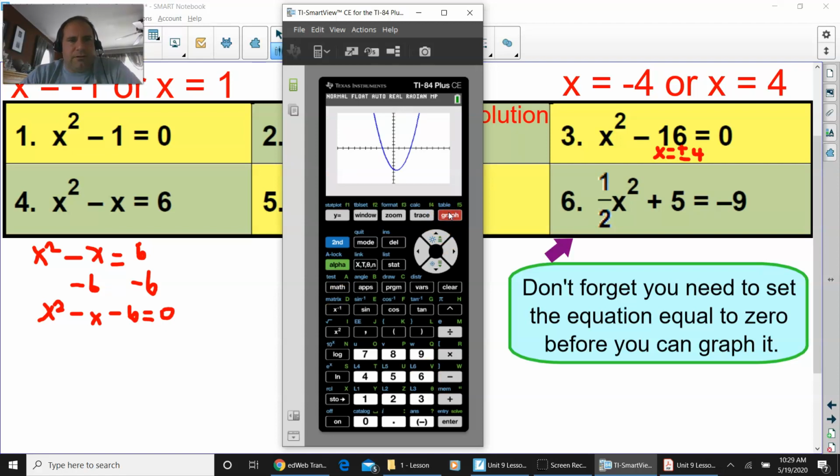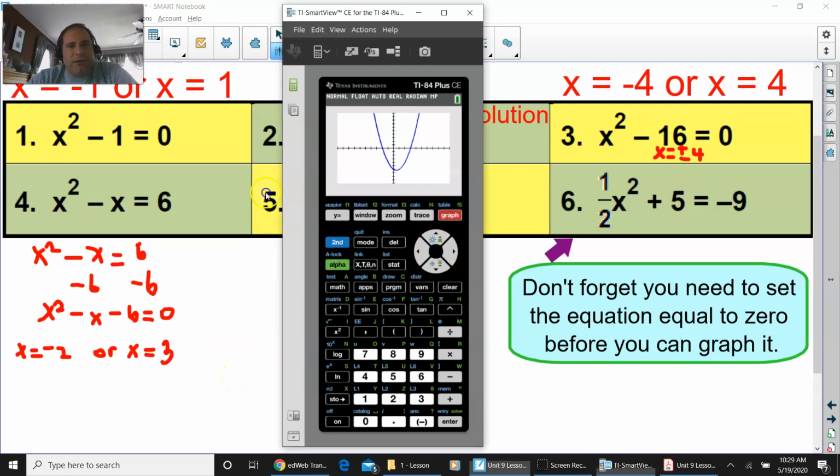And there it is. So now you could tell really here that this is -2 and this is a +3. So x equals -2 or x equals 3.